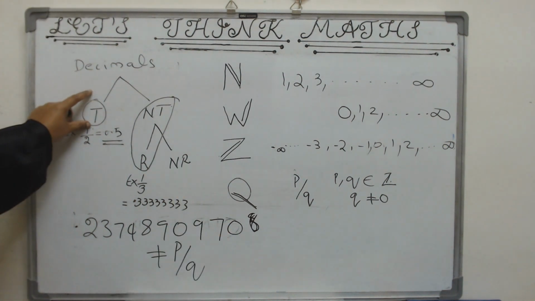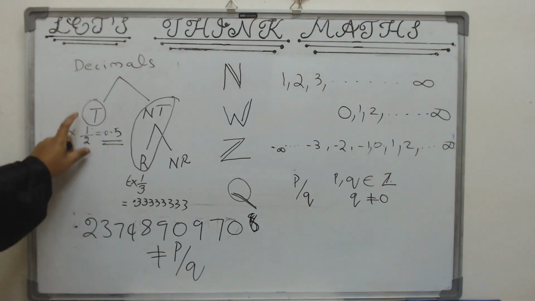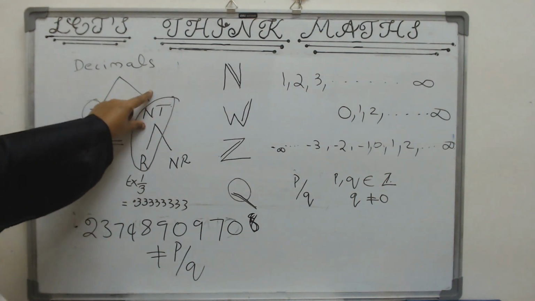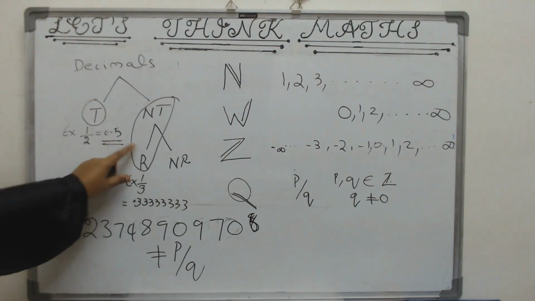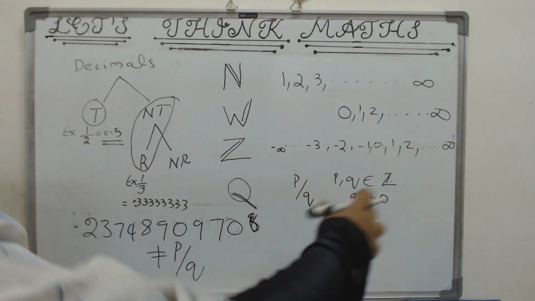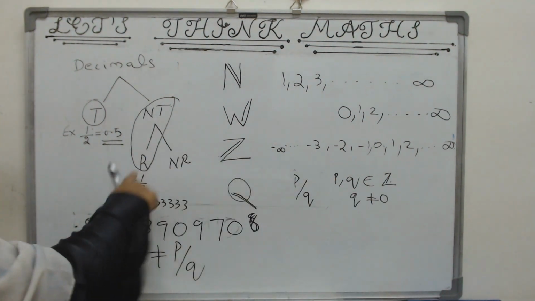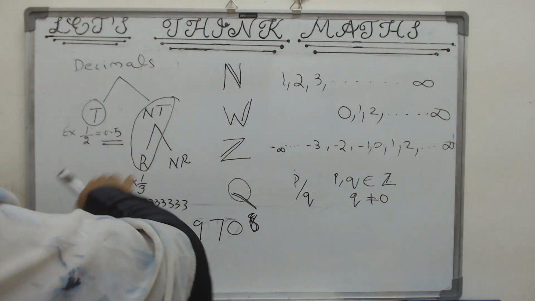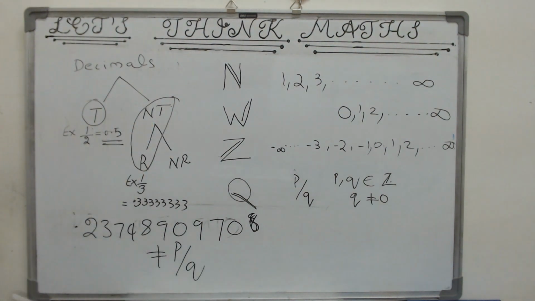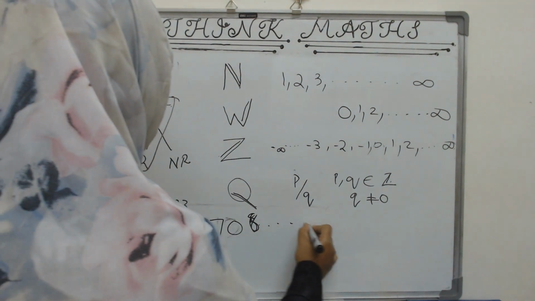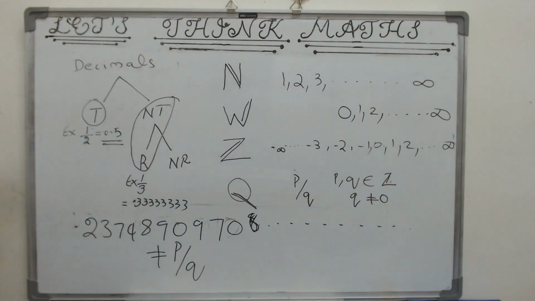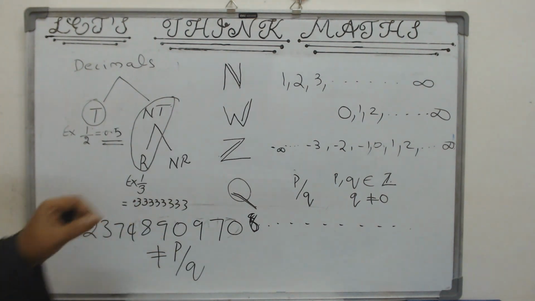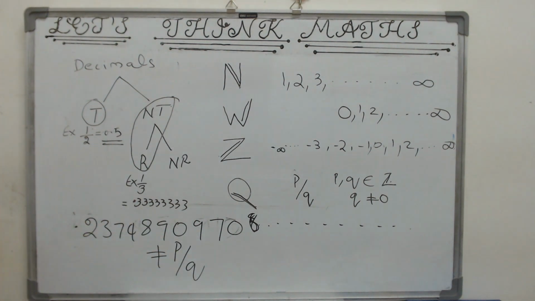If it is just terminating, you can express it in some form P by Q. If it is non-terminating but recurring, the same numbers coming again and again, then even that you can express in the form P by Q. But if it does not terminate, it does not recur, there are new numbers coming at each place, then what happens? It cannot be expressed as a rational number, or in other words, it is an irrational number.